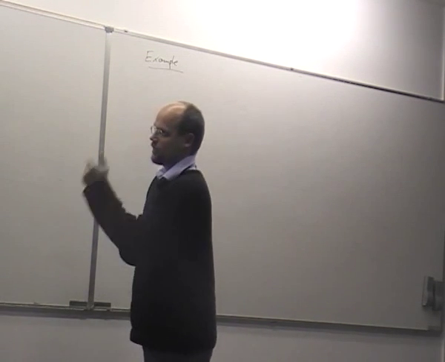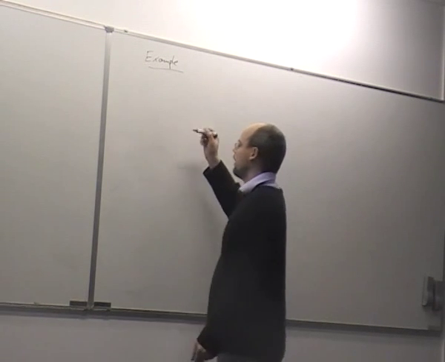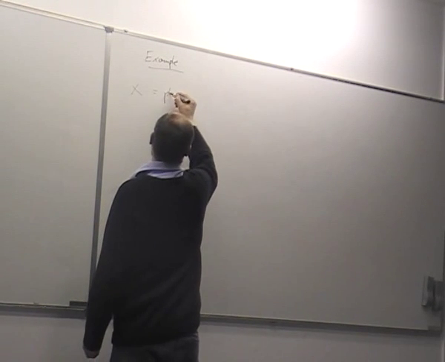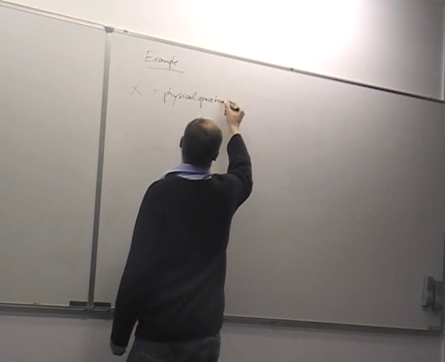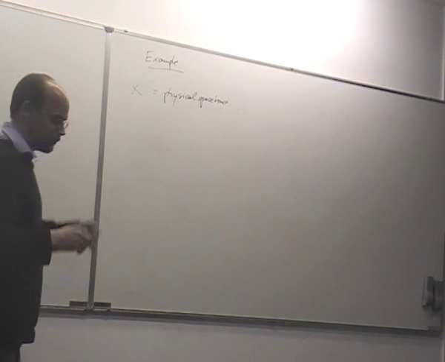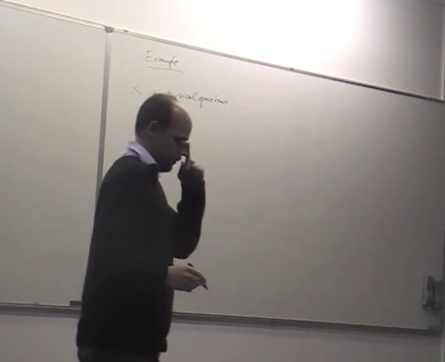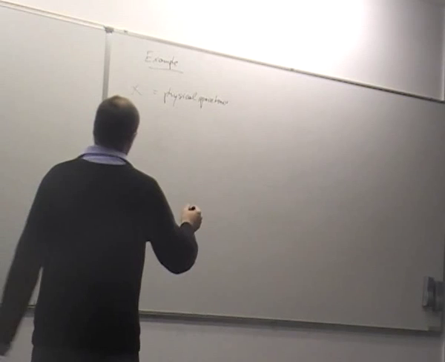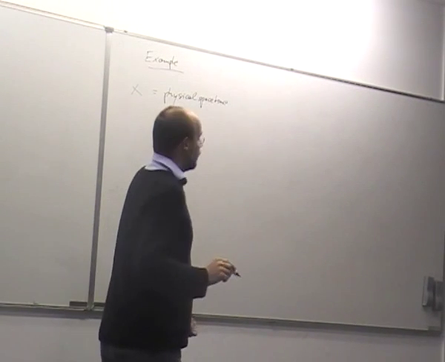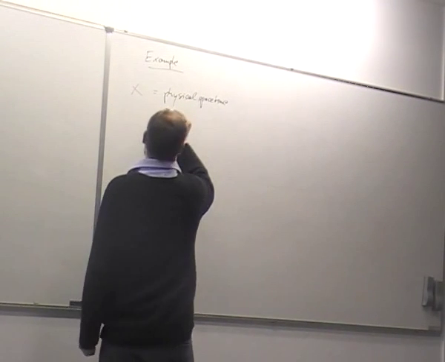So the classical example of this target space is physical space-time. So that means, for all purposes here, it's some four-dimensional manifold that you may think of as being equipped with a Riemannian metric, even though that will play no real role for me here.